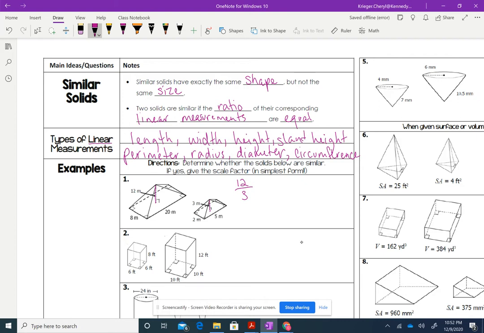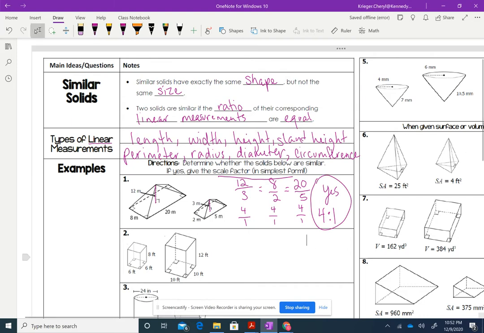And I'm comparing that to the width, 8 over 2, and the length, 20 over 5. If these all reduce to be the same thing, then they are similar. So 12 to 3 is 4 to 1. 8 to 2, 4 to 1. 20 to 5 is 4 to 1. So yes. And the scale factor in simplest form would be 4 to 1. So that's our answer here.